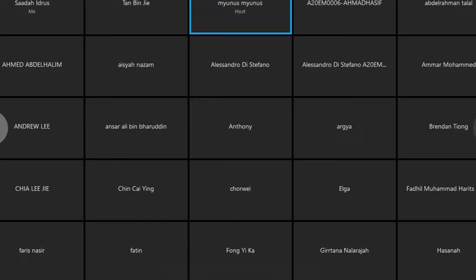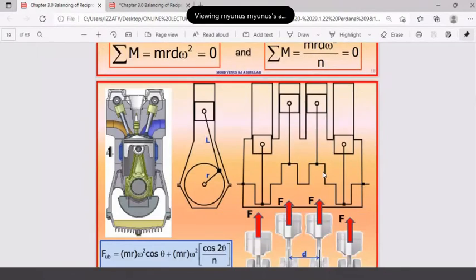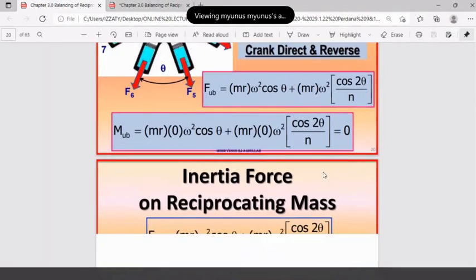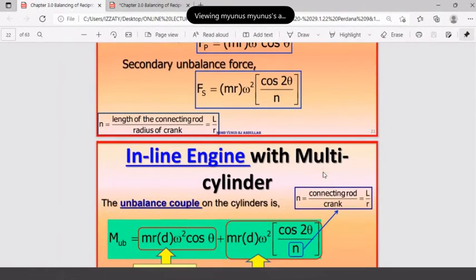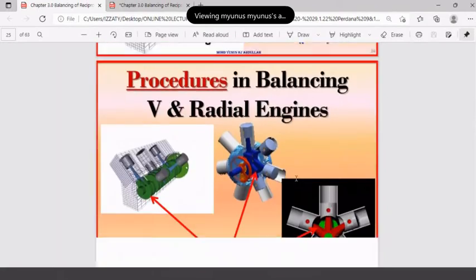Share now. Do you have the new screen in PDF form? Do you have it? Yes or no? Thank you. Look at here.